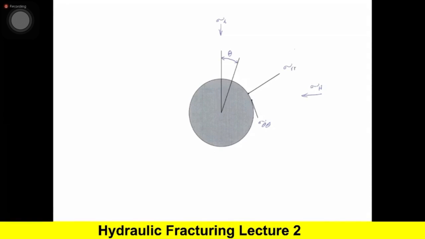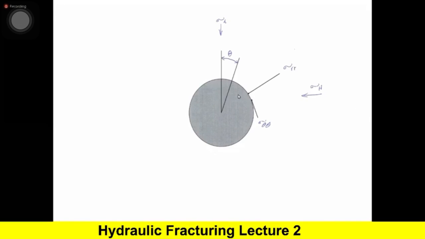Now, if I'm ballooning, if I'm injecting fluid and getting this well to expand, to get a little bigger, where would it break? It would break at the point where it has the smallest stress, because this will be the smallest tangential stress here and this is the highest tangential stress there.